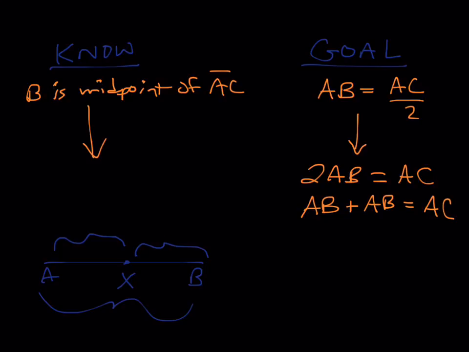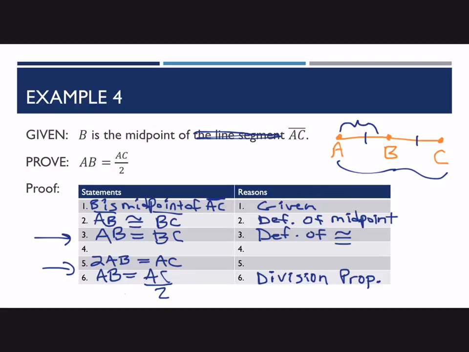In our example, we have segment AC, and the point in the middle is B. So if we rephrase that for this situation, we would have AB plus BC equals AC, and that's the segment addition postulate. I'll put the name.